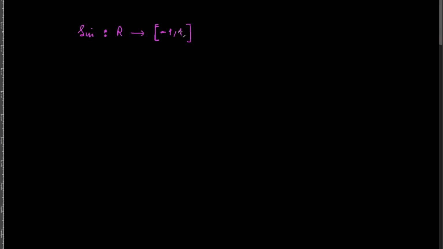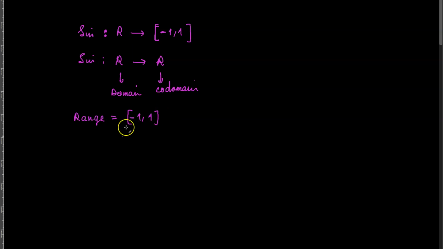Otherwise, I don't really know why they have done this, because you can simply define the sine function from the set of real numbers to the set of real numbers. So this becomes the codomain, and this becomes the domain. And then you can argue that the range of the function is equal to the closed interval negative 1 to 1, and we would have no contradiction, no problem here.